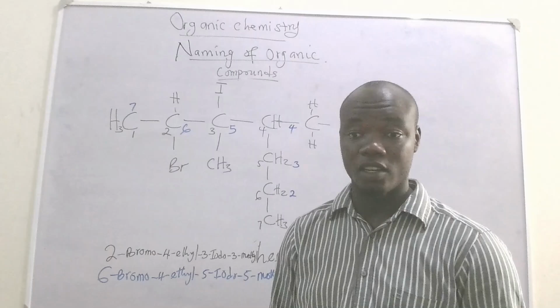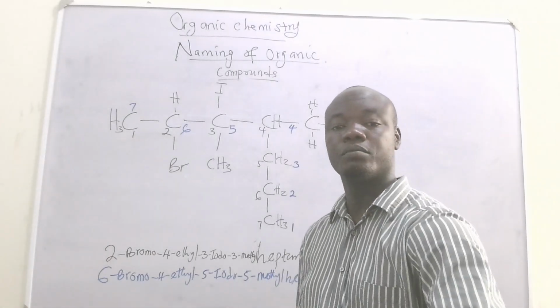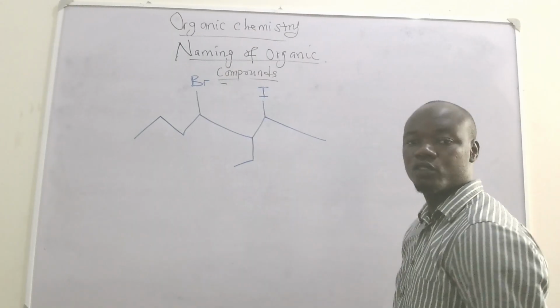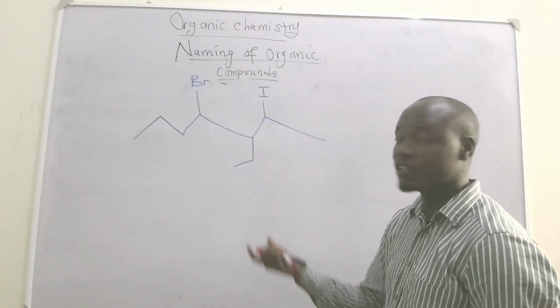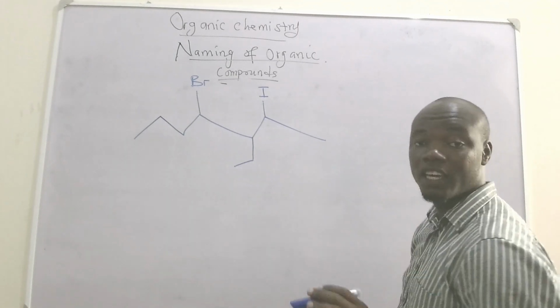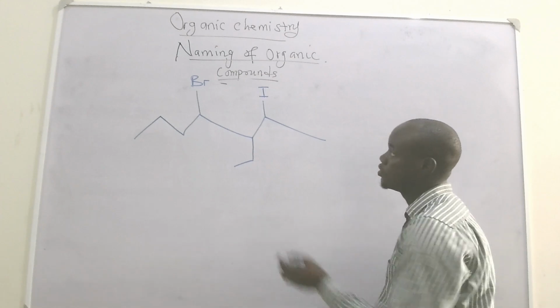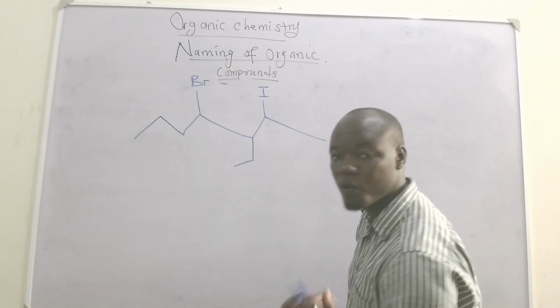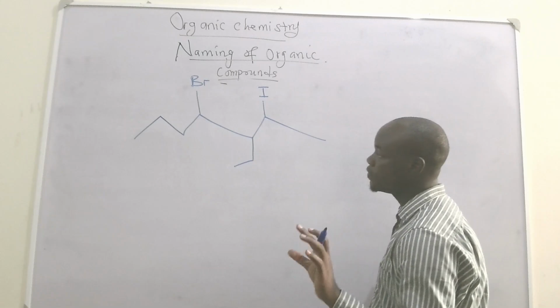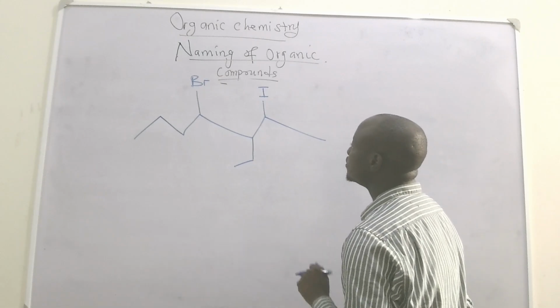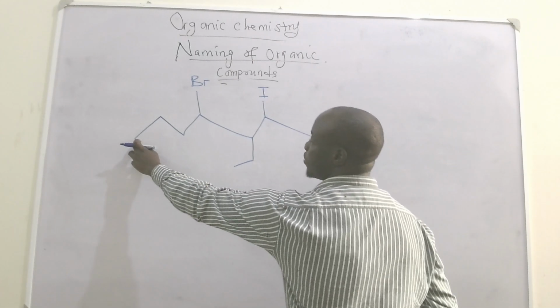So now let's look at another example. Let's also name this compound. So in this case, we have this compound. How are we going to name this? The first thing we are going to do is count the carbons.